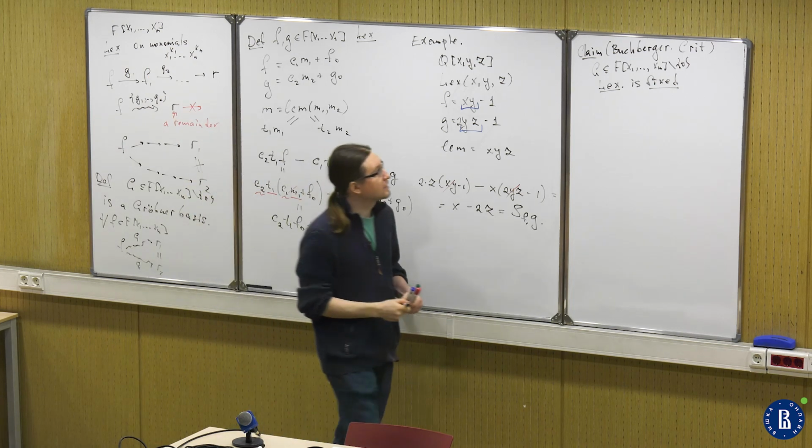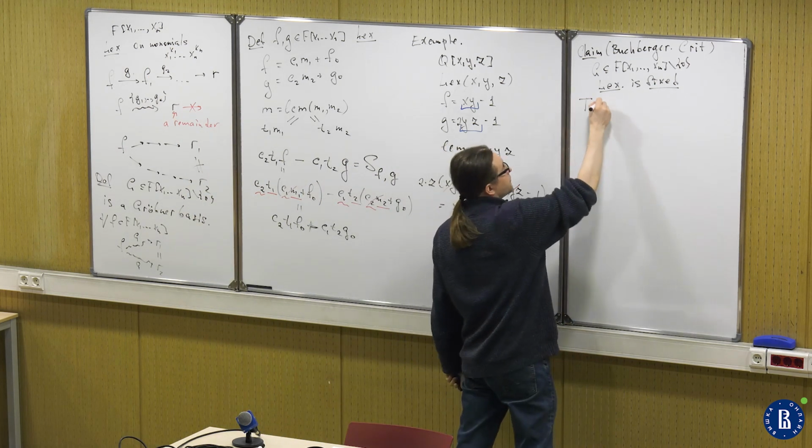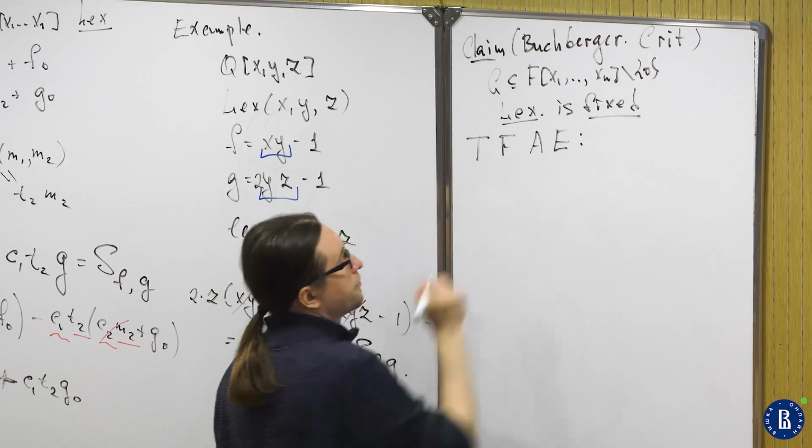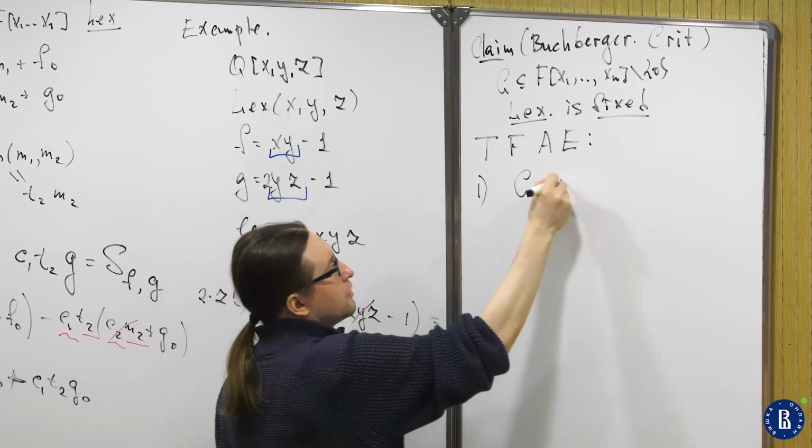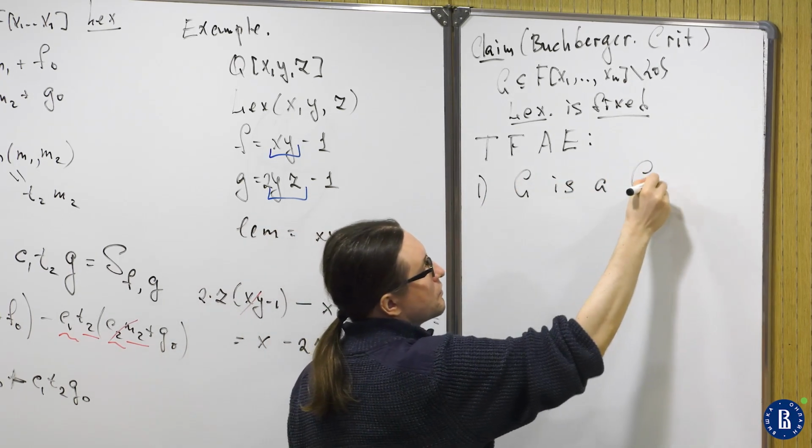Now, the following are equivalent. Condition number 1: G is a Gröbner basis.